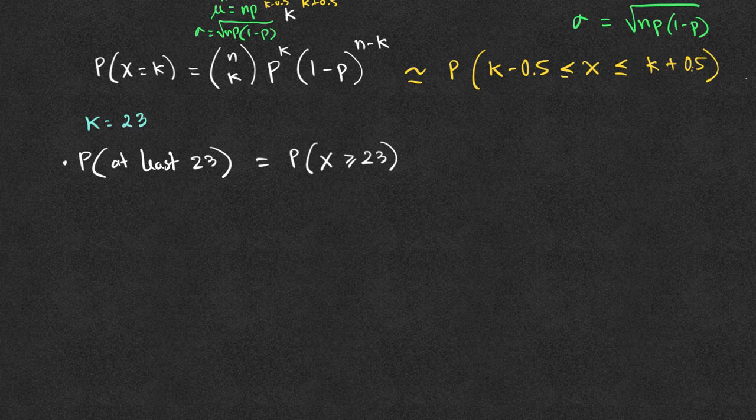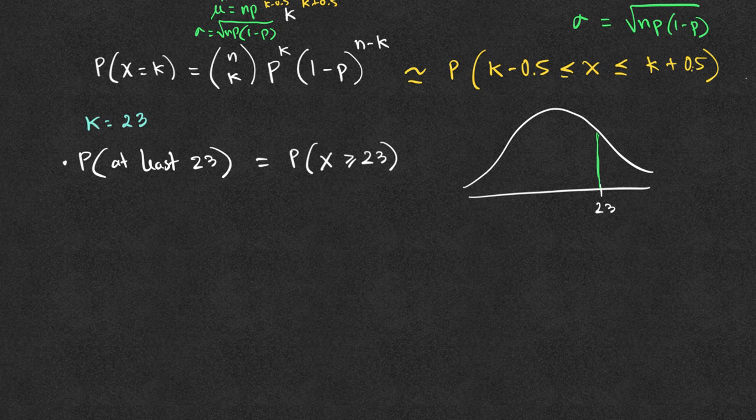Using the continuity correction with the normal distribution, we always draw the normal curve, the bell-shaped curve. This is 23. Remember that for binomial, it is just one single value, but for normal, the probability over one single value is 0, so we need to correct it.